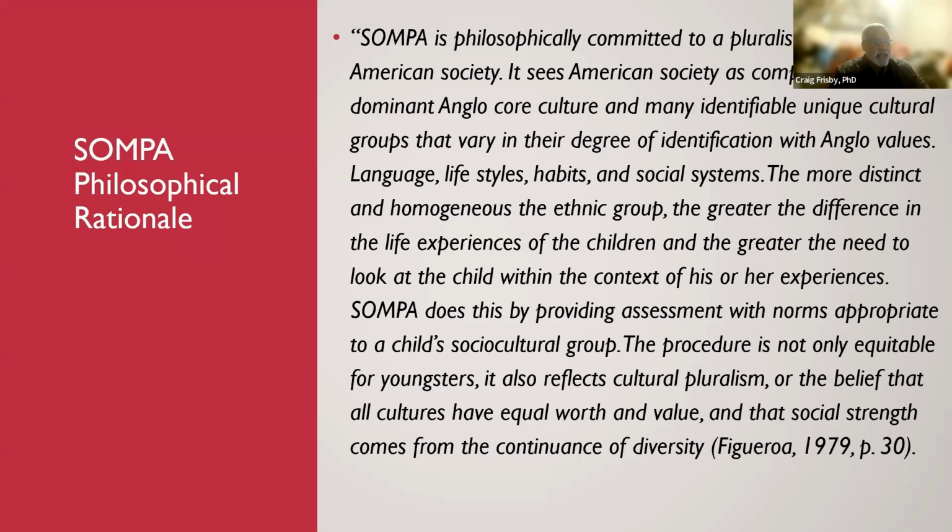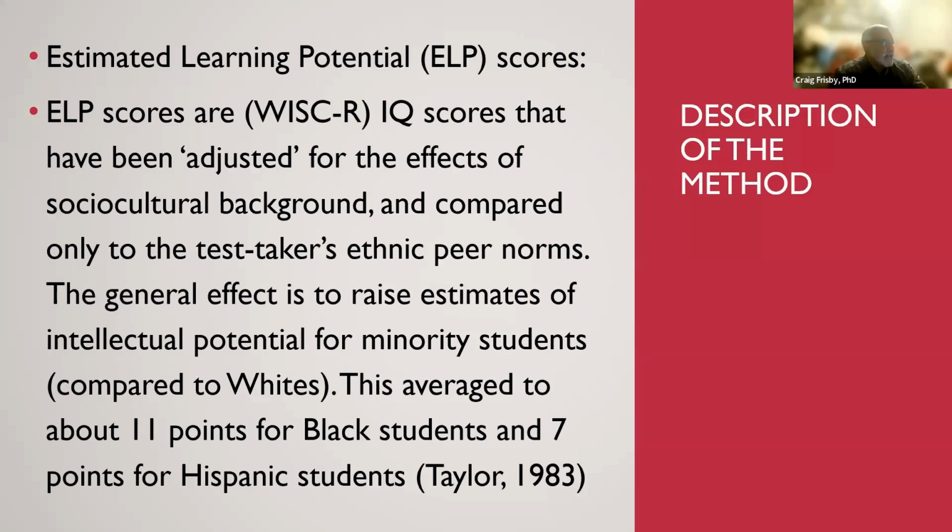That's the underlying philosophy. And they believe that people need to be evaluated not through comparing their performance with the general population, but the philosophy of this method says that clients need to be evaluated only within the norms of their socio-cultural group. So we'll see how they do that.